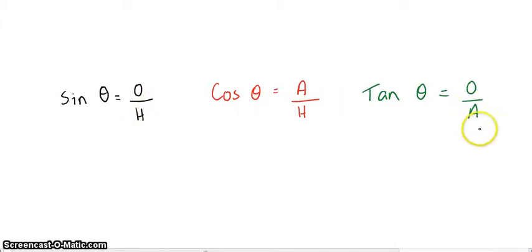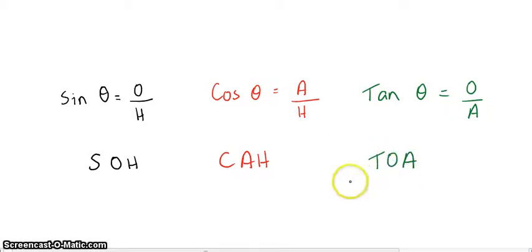Now, it might be difficult to remember all of these formulas, and so there's a little acronym to remember them. SOH, CAH, TOA. So here you have SOH, which is sine theta is opposite over hypotenuse, CAH is cos is adjacent over hypotenuse, and TOA, tan is opposite over adjacent.